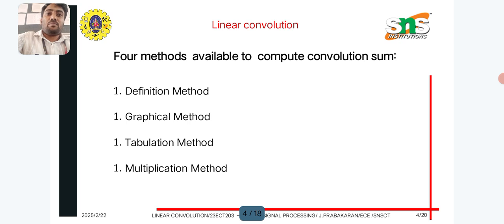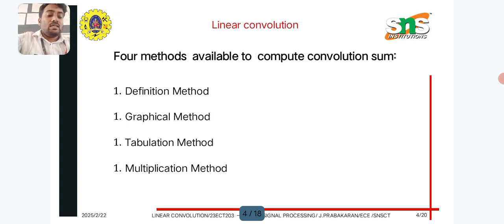In the tabular representation, arrange x of n and h of n in a tabular form, then perform element wise multiplication and sum diagonally.